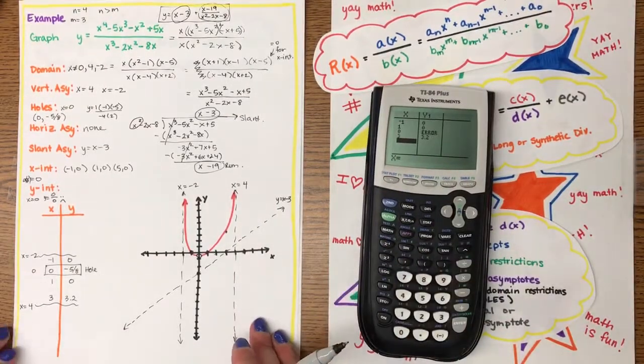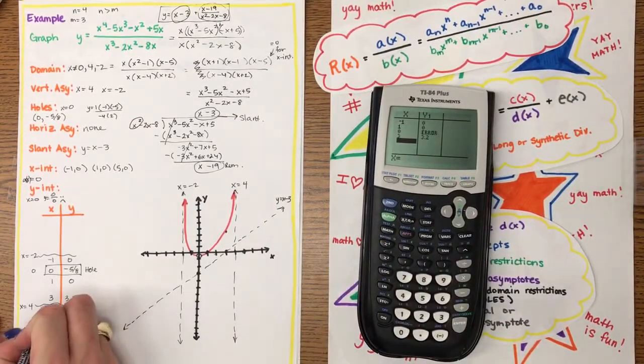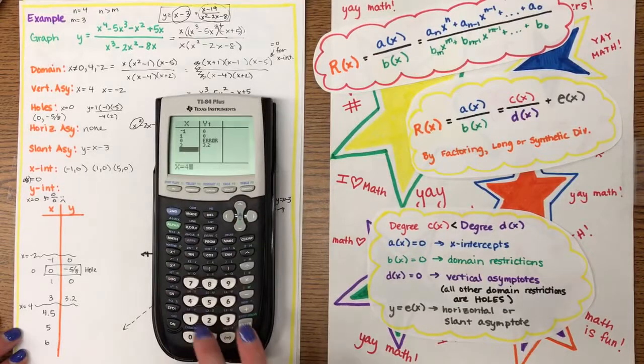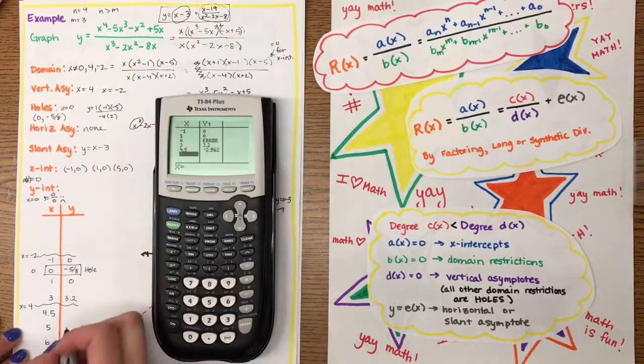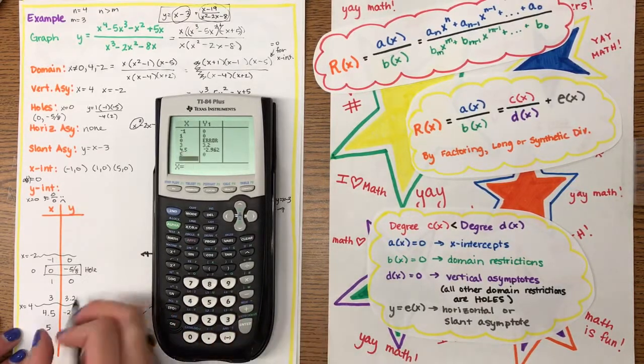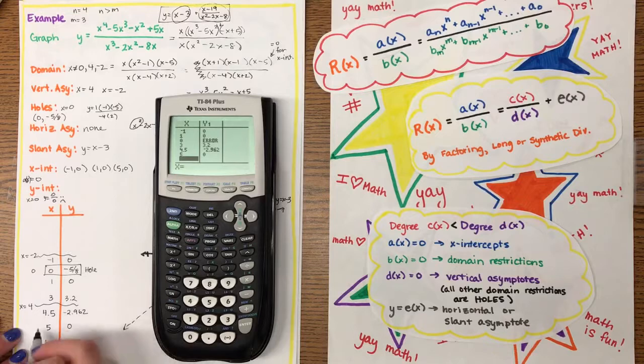If I go to the right, I'm going to go with points 4.5, 5, and 6. So in my calculator, 4.5 is going to give me negative 2.962. 5 is going to give me 0. I already knew that. And then 6 is going to give me 2.1875.